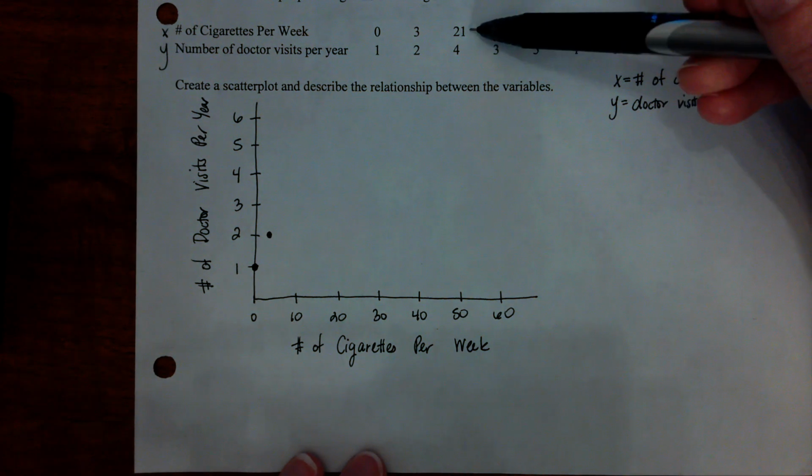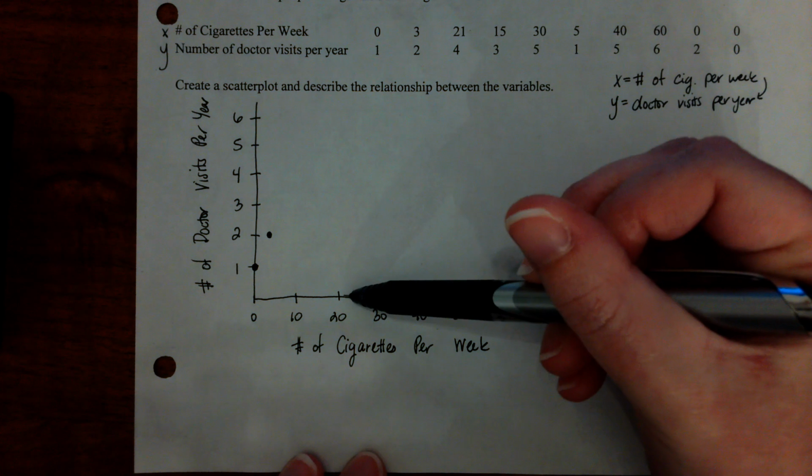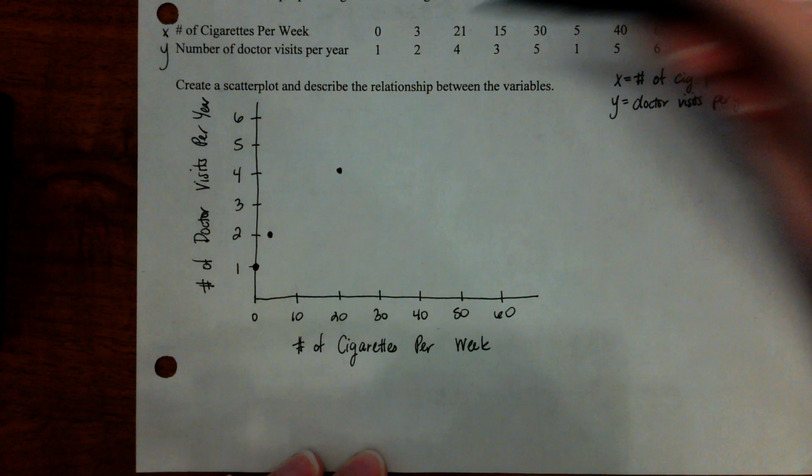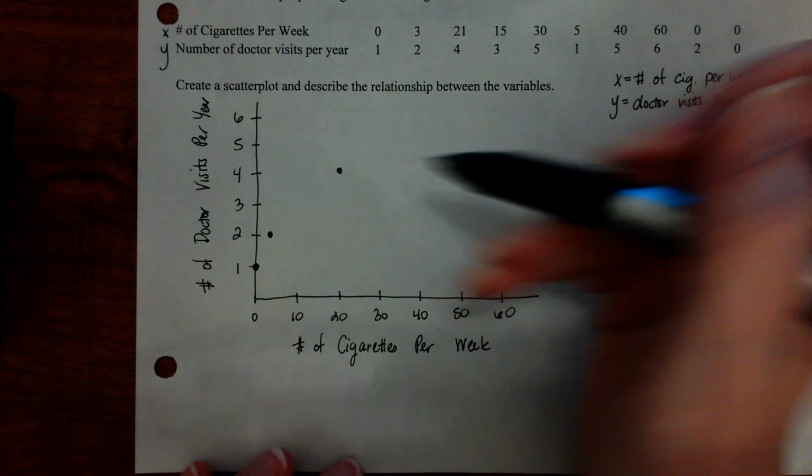Alrighty, then we got 21, so 21 is maybe right about here, 4. Alright, and we got 15, 3.